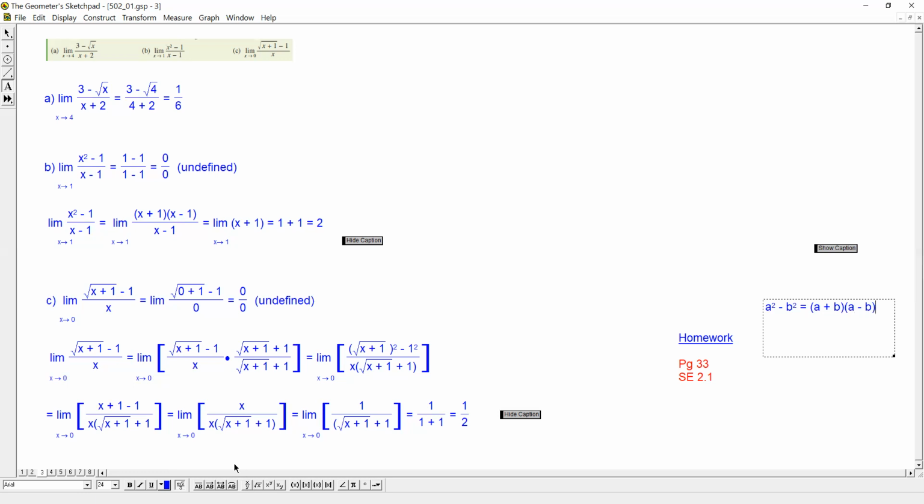You must know this formula. Actually, this is not a formula, it's an identity. It means it is always true.